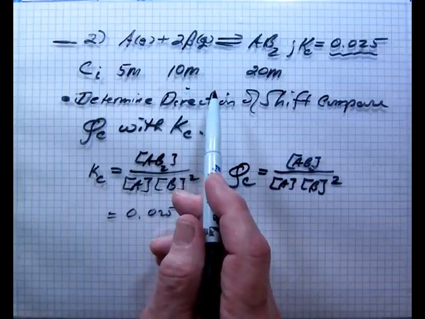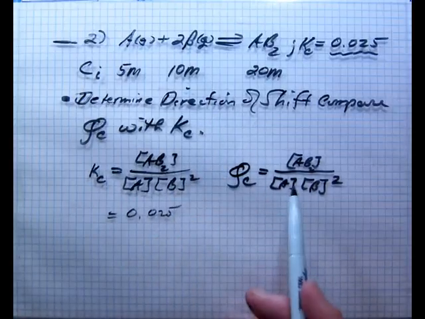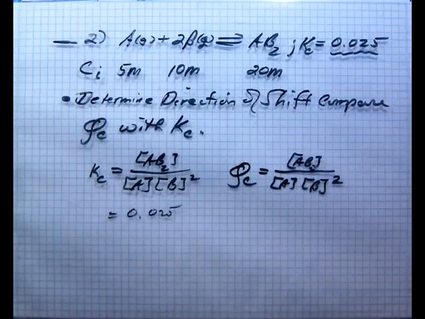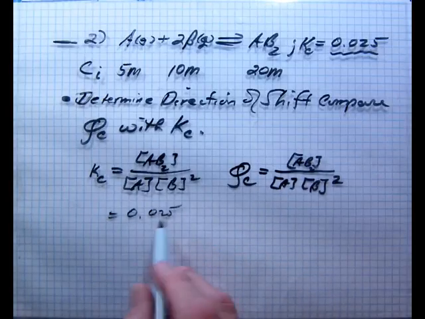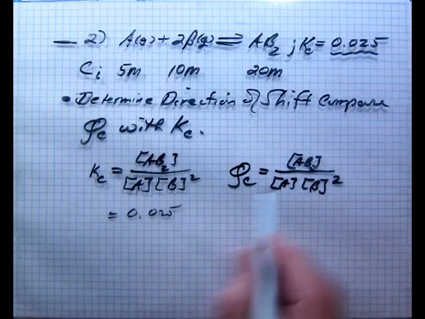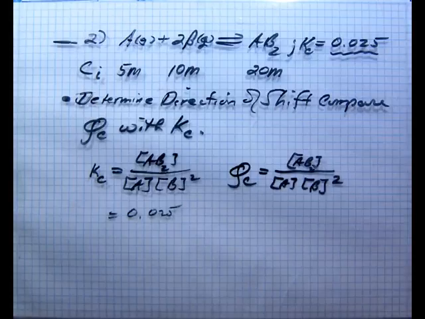And then I'll give you a second set of concentrations that you will calculate a Q value for and compare, and determine which way it will shift based on the comparison. We'll show you. So we need to compare what the Qc value is. Qc is a condition that may or may not be in equilibrium.